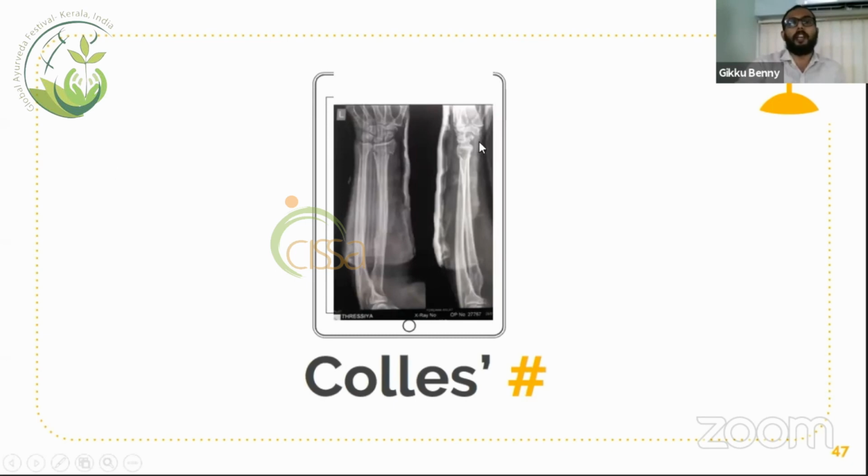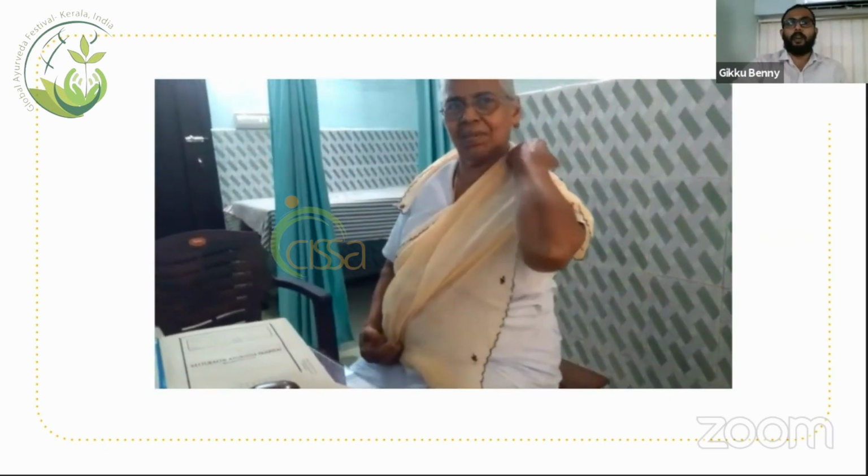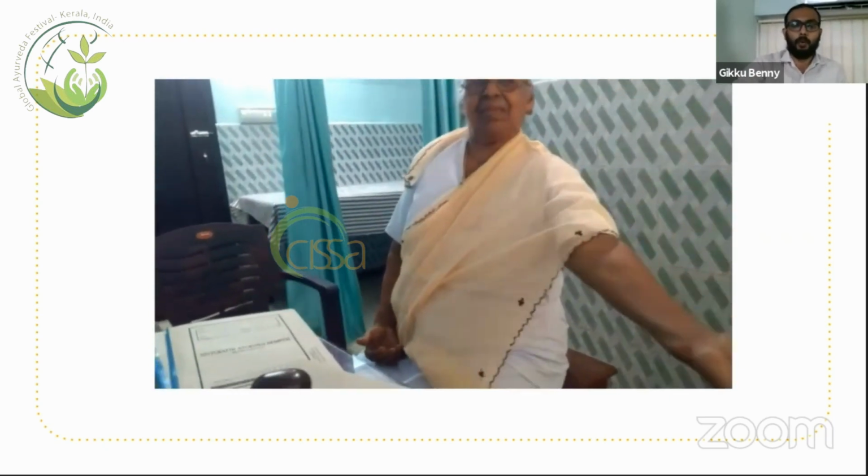This is the check X-ray taken after the reduction of that particular patient after the bandaging with half cast and also using aluminum splint. This is the same patient after the period of rehabilitation. After rehabilitation, the patient is able to do all the movements.